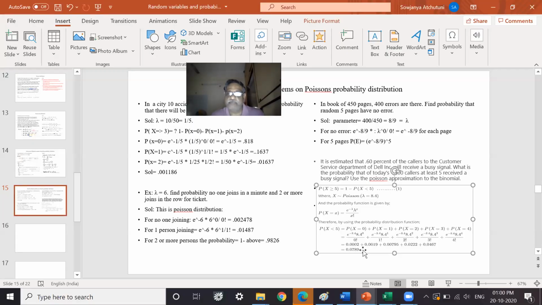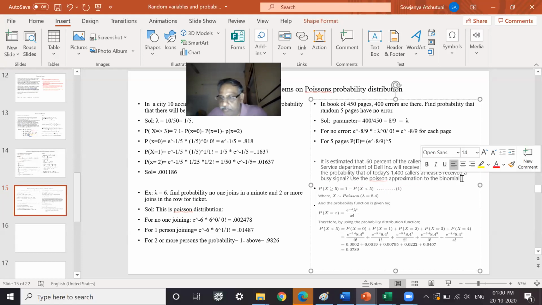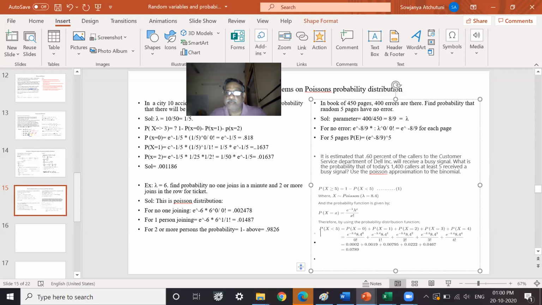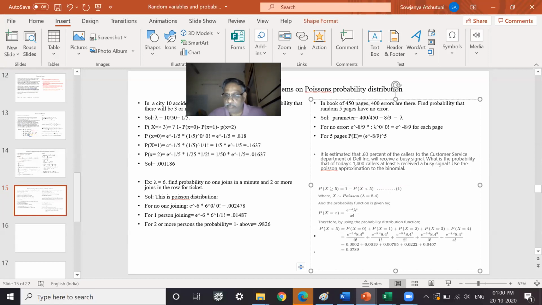So my answer is equal to 1 minus 0.0789, which is approximately 0.12. So around 0.02 is the probability.